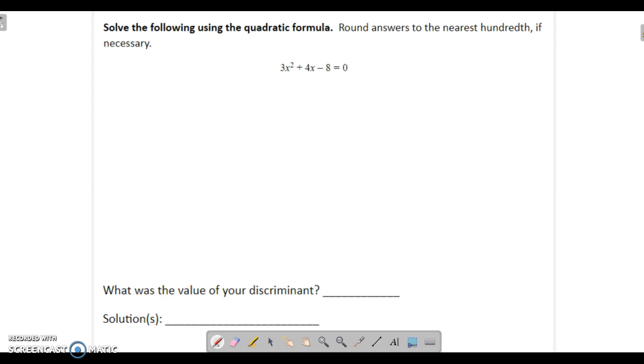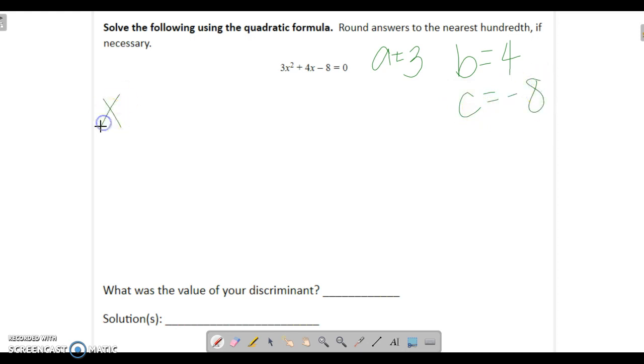So let's just determine what A, B, and C are first. So we know A is 3, B is positive 4, and we know C is going to be negative 8. So we're going to write all of this out in our formula.